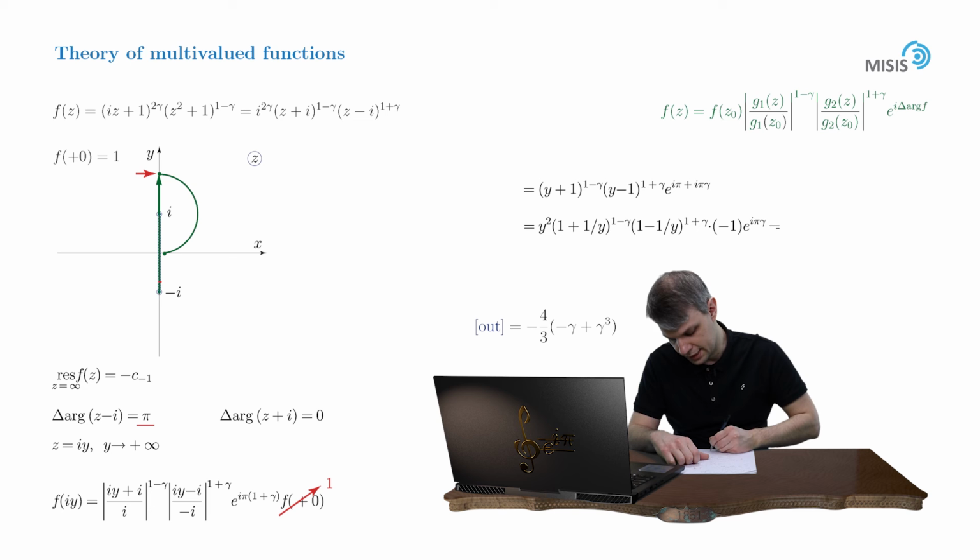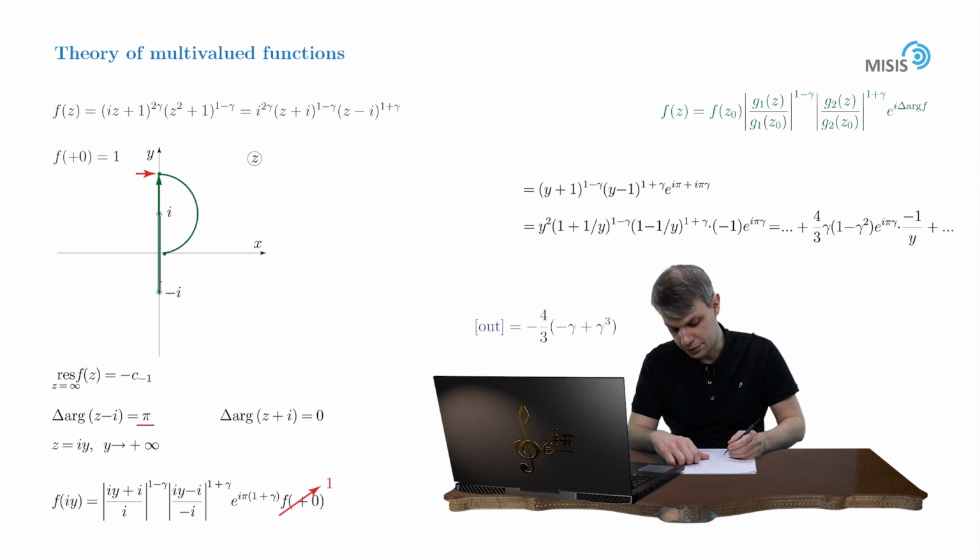So we'll write it down as dots plus 4/3 times gamma times (1 minus gamma squared) times e to the power of i pi gamma with negative sign. And of course we need to add here 1 over y and plus dots. Next we should switch to our z notation. So y is equal to z over i.